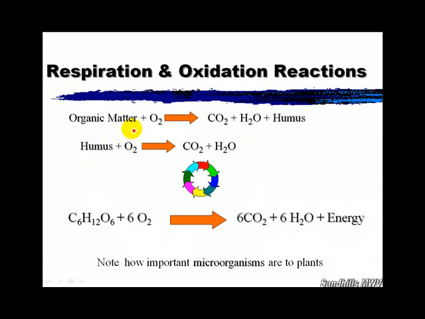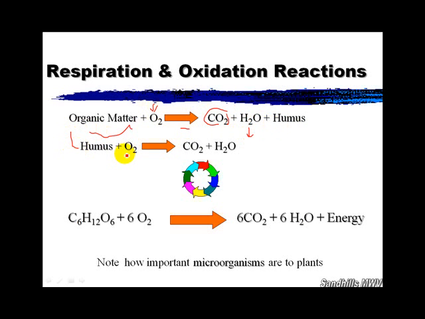So in the soil, organic matter with oxygen. Oxygen is very important as the terminal electron acceptor because CO2 is the byproduct. Microorganisms get energy, they release water, and also what's left is the humus material or humic material that we're going to talk about. Again, this happens at another step.